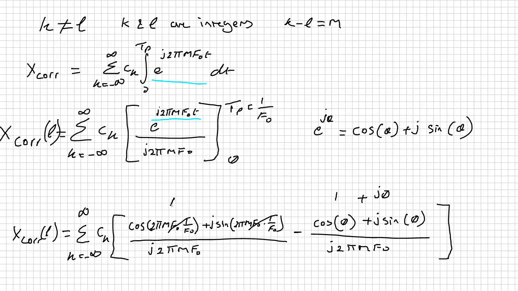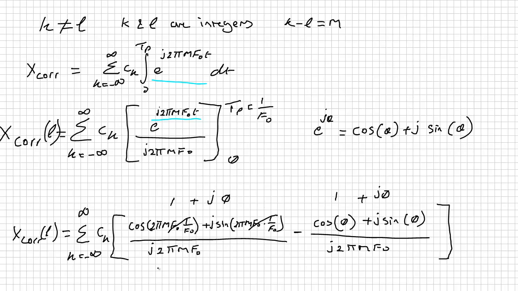So cos 2 pi multiplied by something, when that something is an integer, is going to be a 1. Sine 2 pi something, when that something is an integer, is going to be a 0.